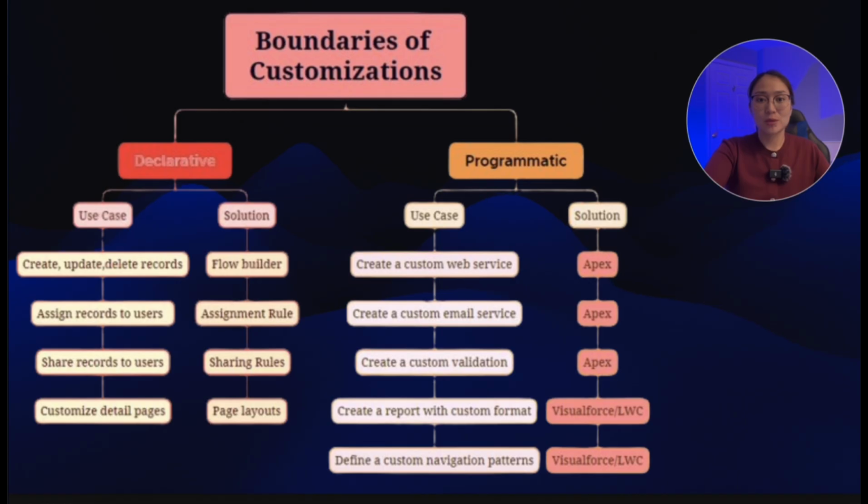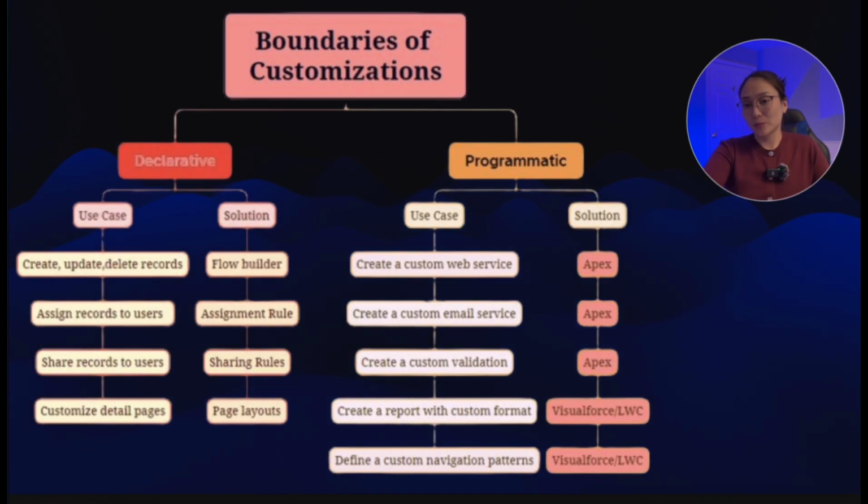And for those types of requirements, declarative tools are usually more than enough. That's why on the declarative side, you see tools like Flow Builder, assignment rules, sharing rules, and page layouts. Those are designed exactly for those situations. They are visual, faster, and easier to maintain.